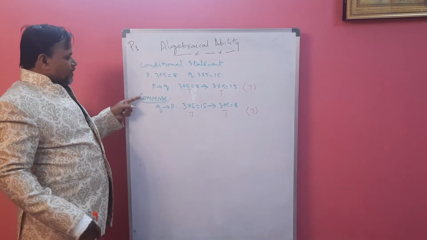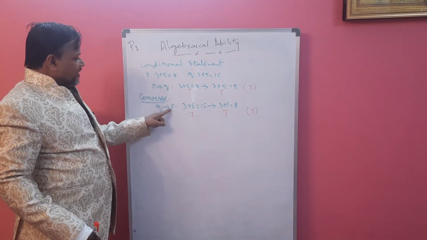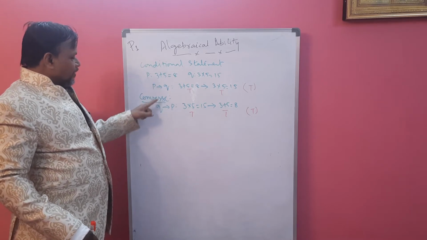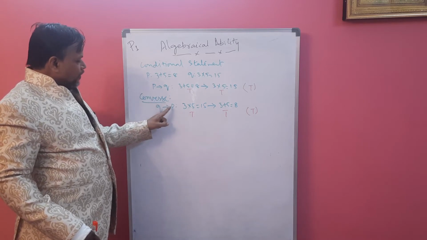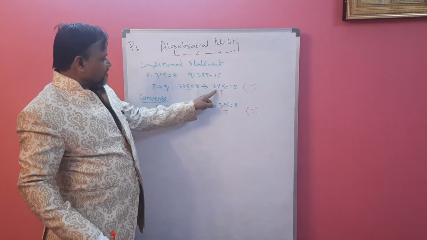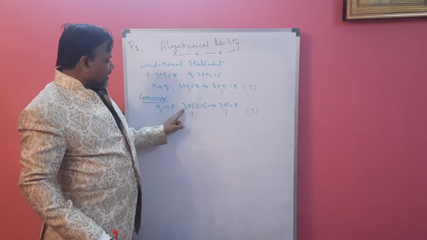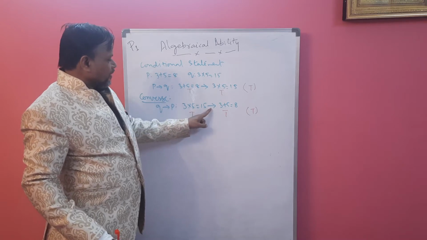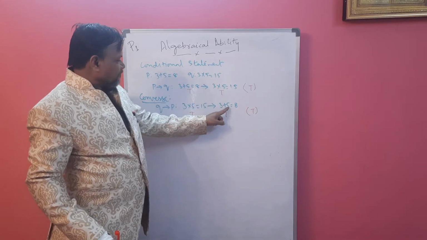Now we are going to prepare the converse. For the converse, we have to interchange the conditional statement. The conditional statement is P implies Q. Now we have to interchange it. We have to write Q first, that means Q implies P. So write this statement first: 3 into 5 equal to 15, again true, implies P, 3 plus 5 equal to 8.